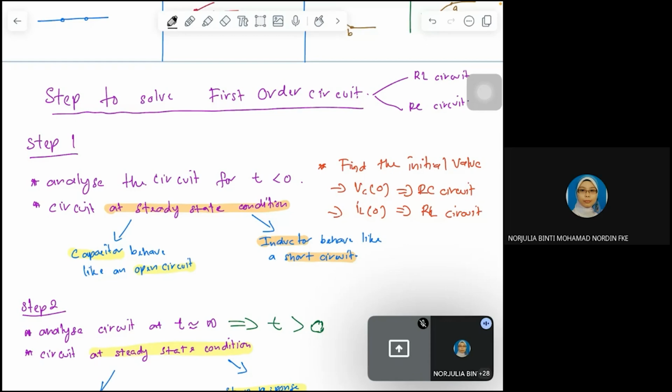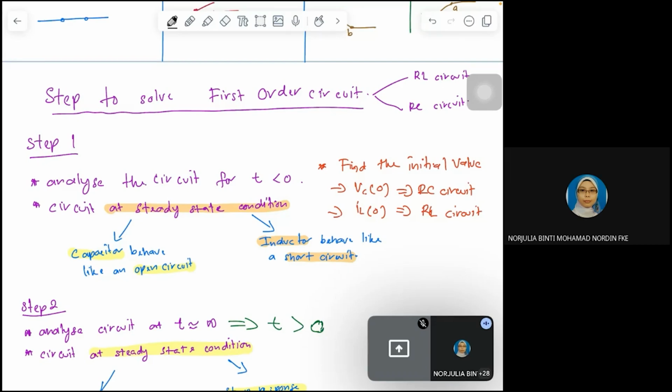As for the capacitor, it will behave like an open circuit. And for the inductor, it will behave like a short circuit. These are the things that you need to remember very well.